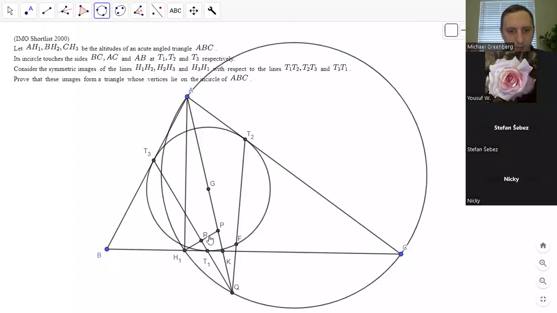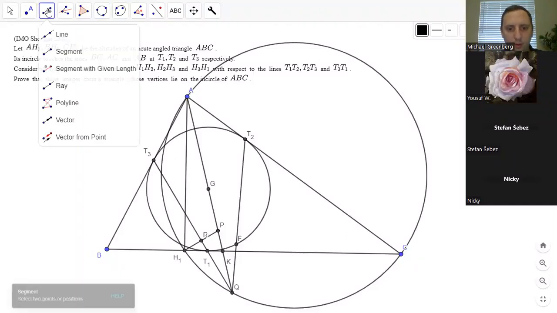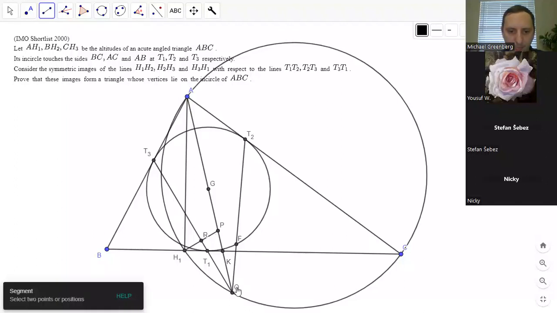And then we want to show R is the midpoint of H1P. That's the same as saying that we want to show this is an angle bisector, right? Then we could take S reflecting F through T1, T2. Hold on a sec.